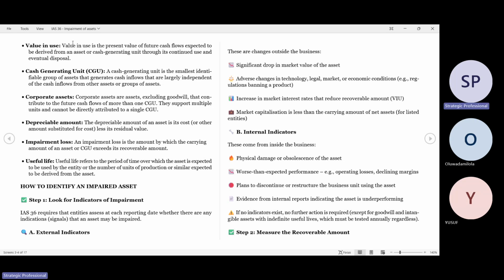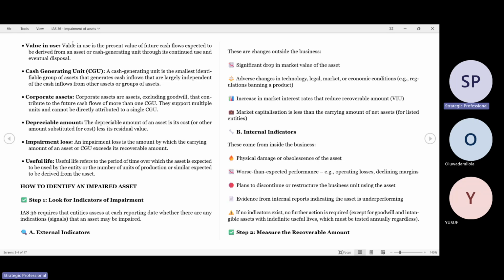So a company acquires a motor vehicle, a company acquires plant and machinery. The reason why they are acquiring this is because they want to get future economic benefits from it. The economic benefits, in layman's terms, most times are cash inflows, or it will reduce their cost, basically.